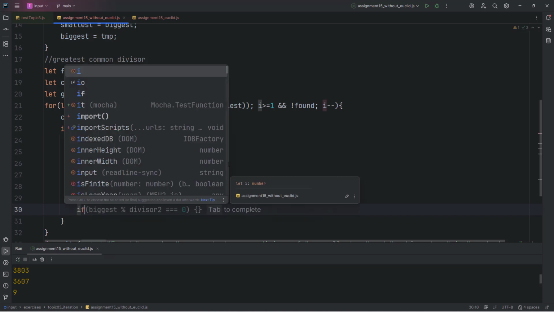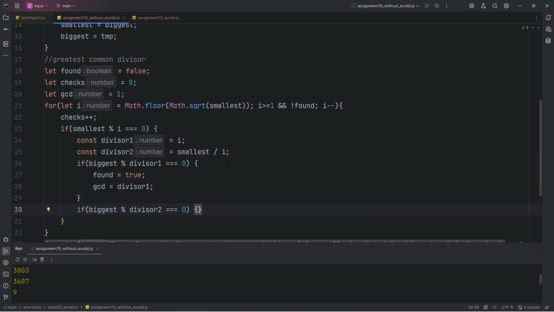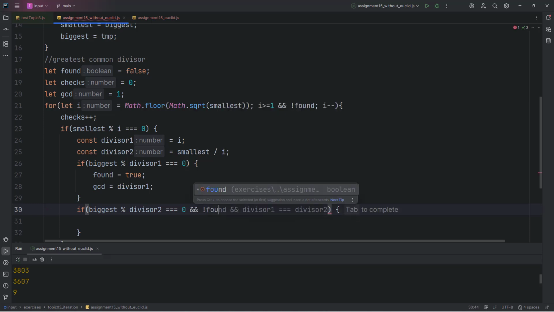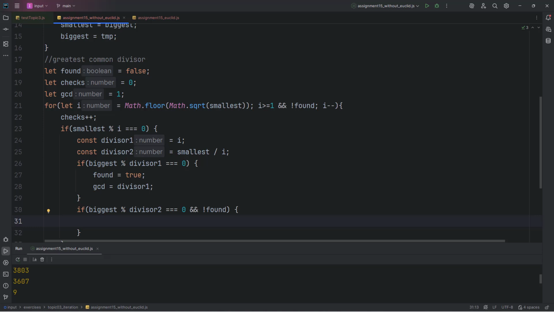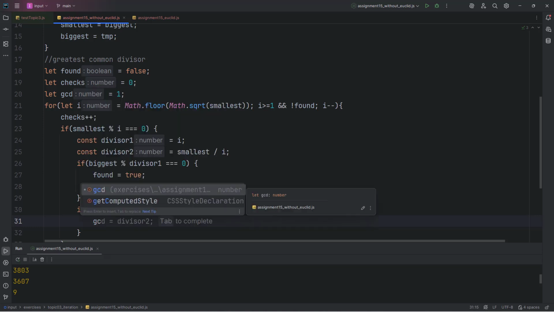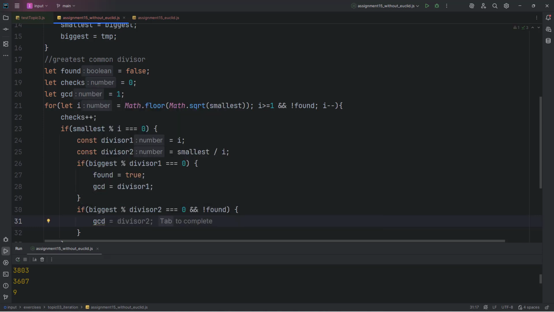So if biggest divided by divisor 2 gives me a remainder of 0, and I haven't found yet 1, because if I found the biggest to be a common divisor, then there's no use in calling the smallest one the GCD. But in this case, the GCD might be that divisor, and then this is of course wrong.